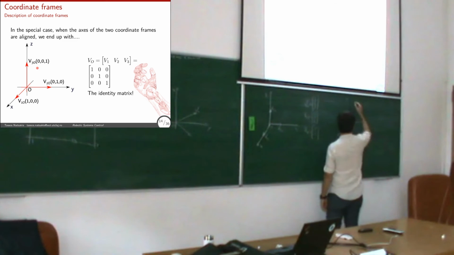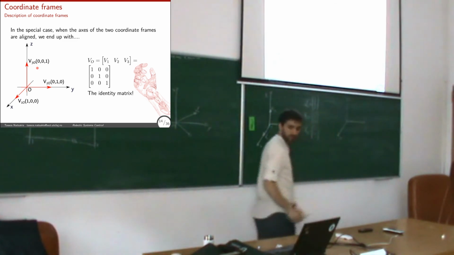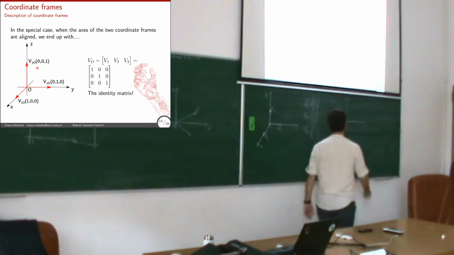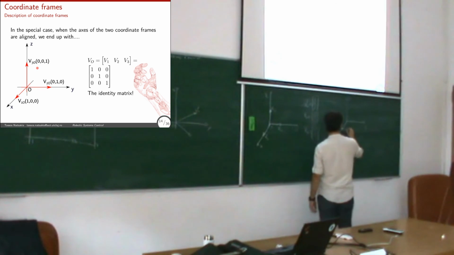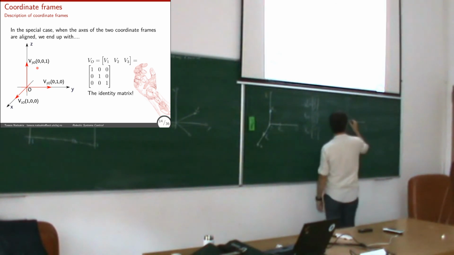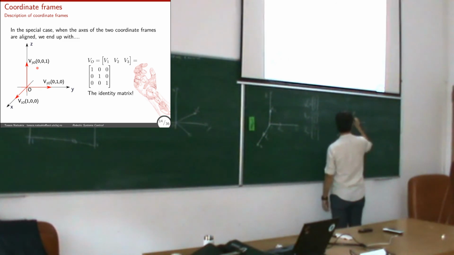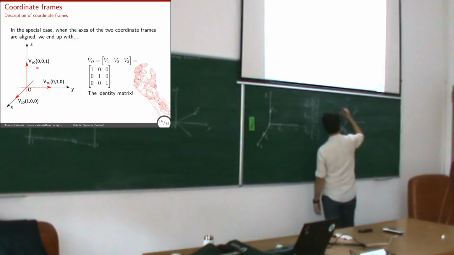X, Y, Z. And let's say I have V1, 0, and then this is 45 degrees, V2, 0, and this is 45 degrees, V3, 0.